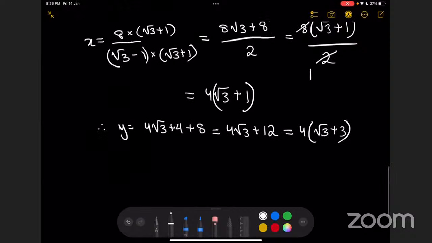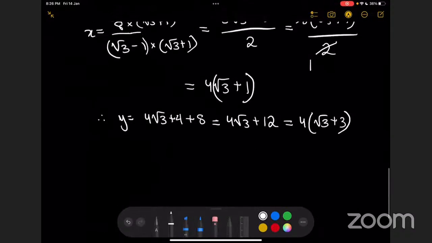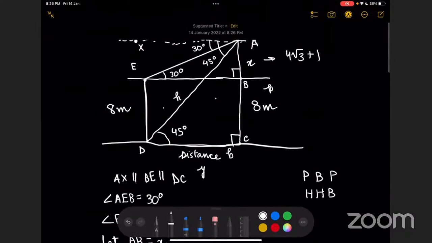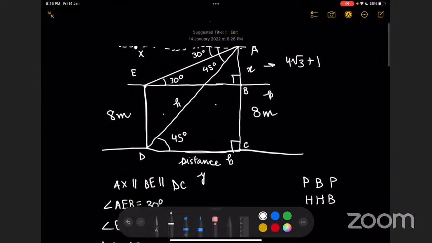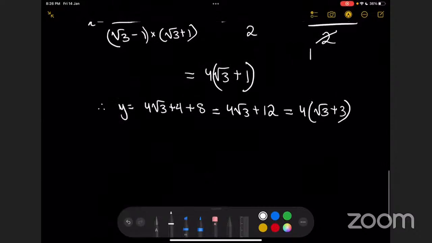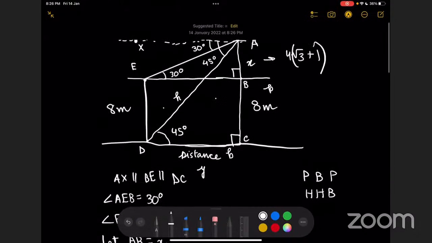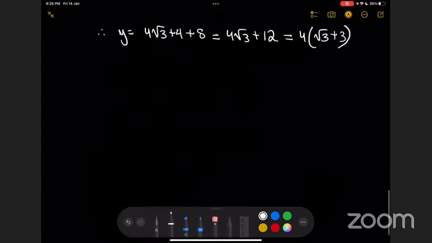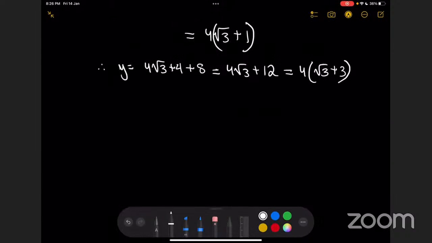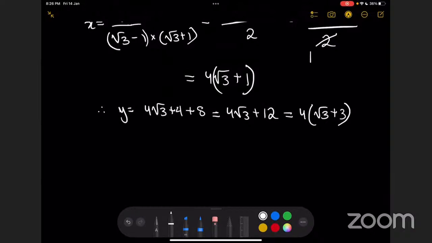And so we found x and we found y, and we need to find the total height of the building. The building is AC, so that's just 8 plus x. Then y is also 8 plus x, right?